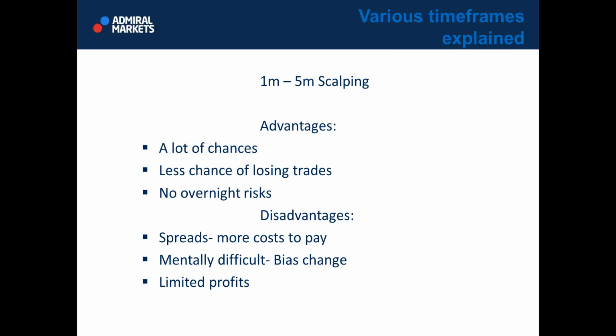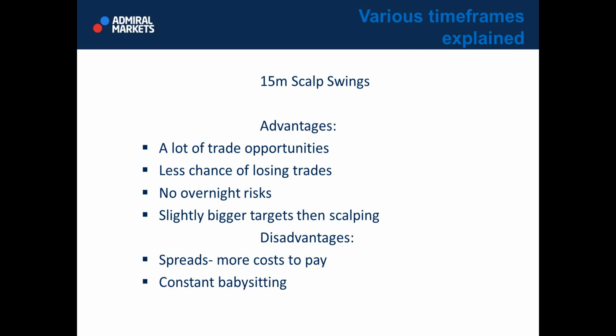The disadvantage is, again, spread. You need to pay more cost, and you don't scalp swing pairs with a spread of more than 4 pips. You also need to be in front of the computer to constantly babysit your trades.